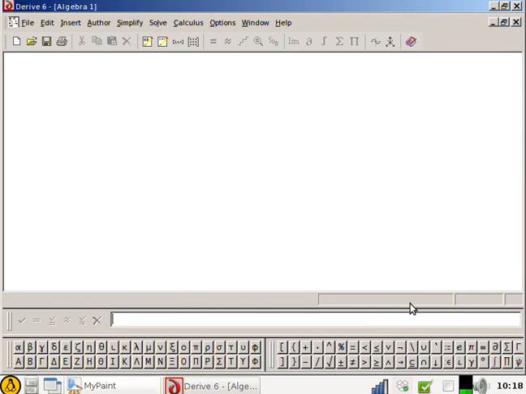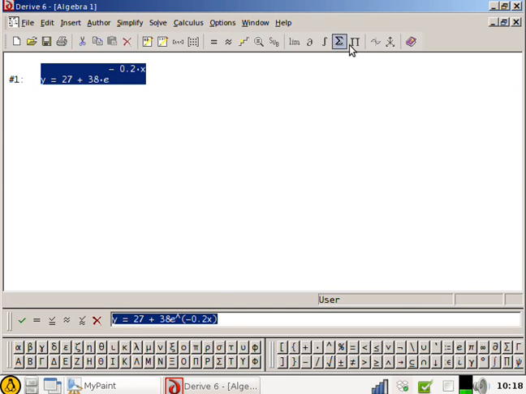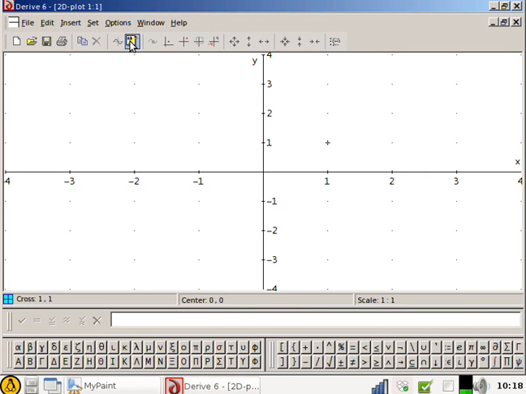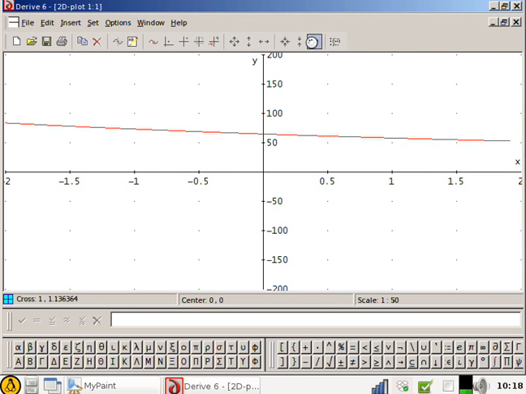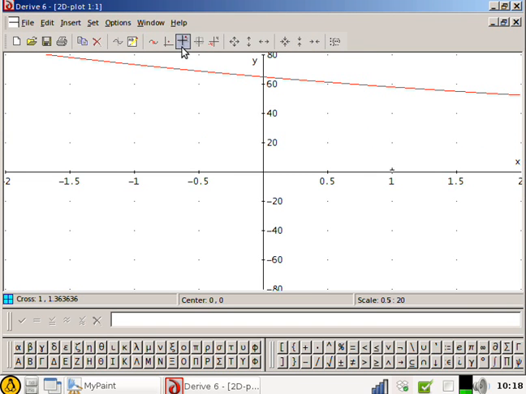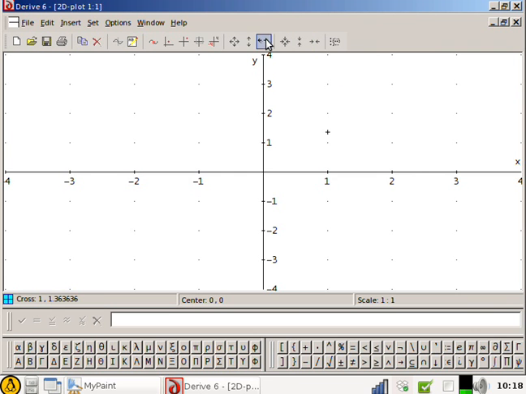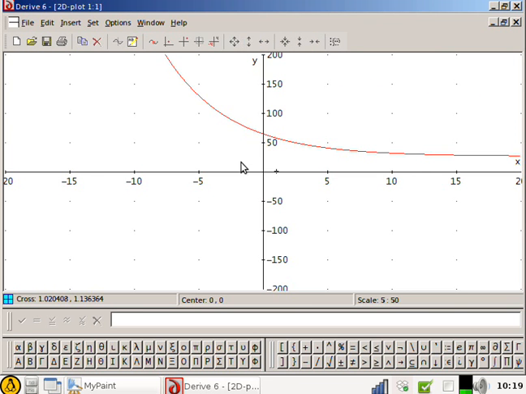So let me just graph this. Temperature equals 27 plus 38 e power minus 0.2 t. There we go.